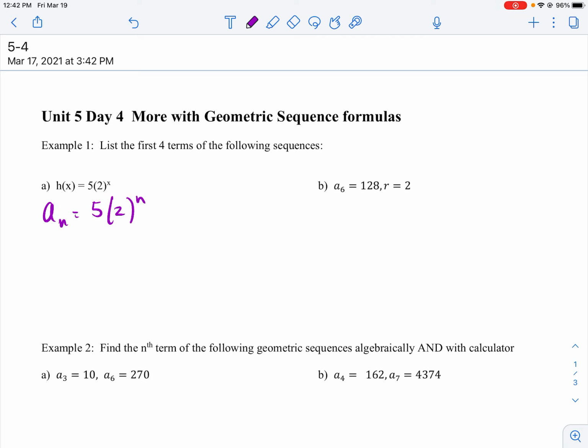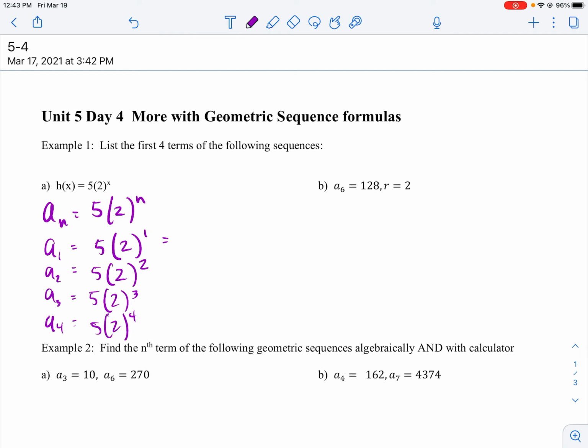Okay, and now we just substitute a 1, 2, 3, and 4 anywhere you see an n. 5 times 2 to the fourth, right?